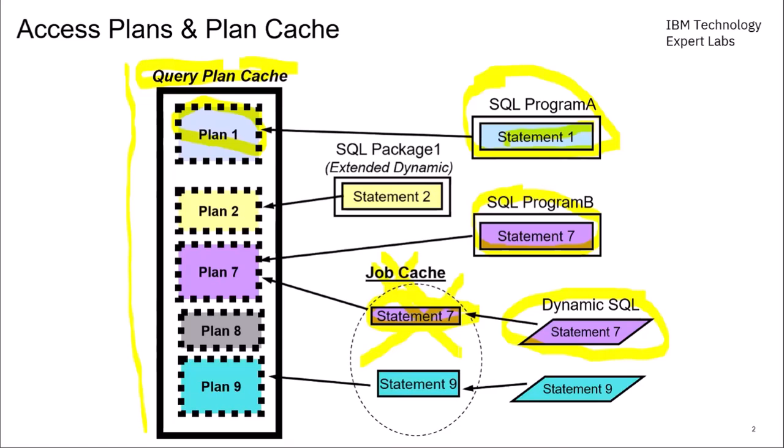And now when the JDBC application connected again and needed to run the same SQL statement, we'd have to take time on that optimize step to replace the plan that got deleted when the job ended on the system.